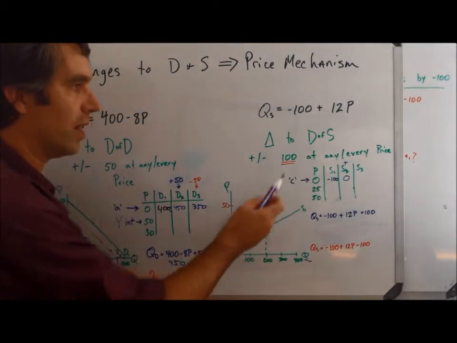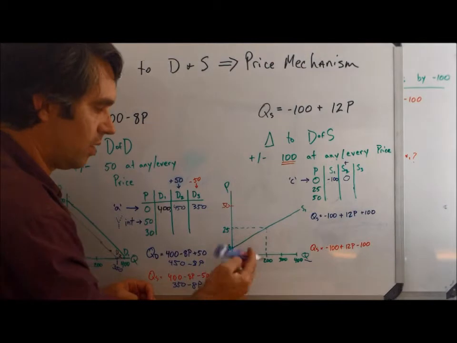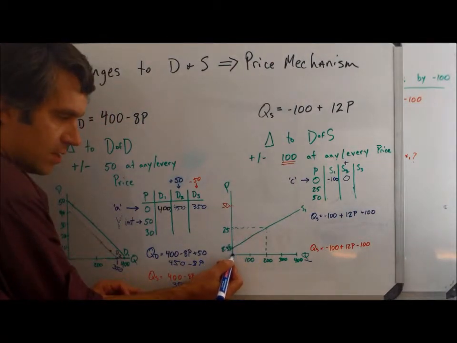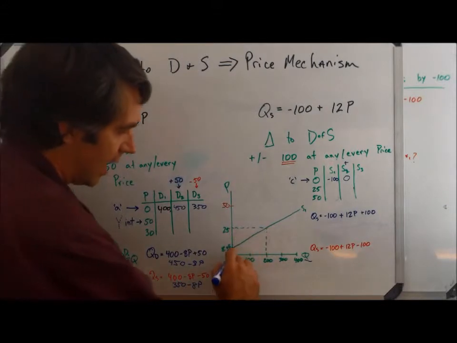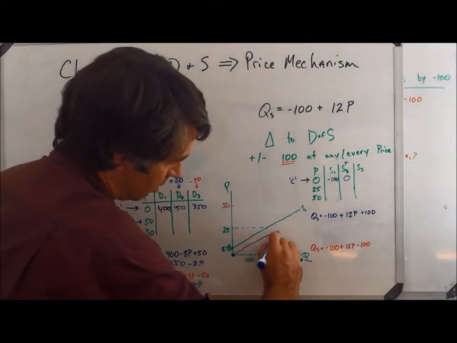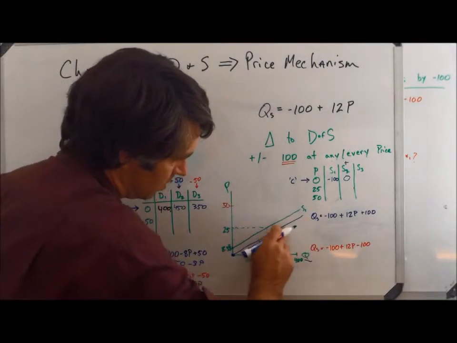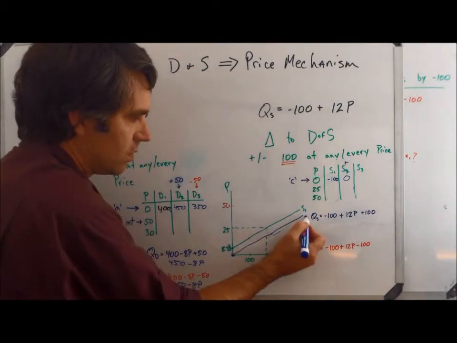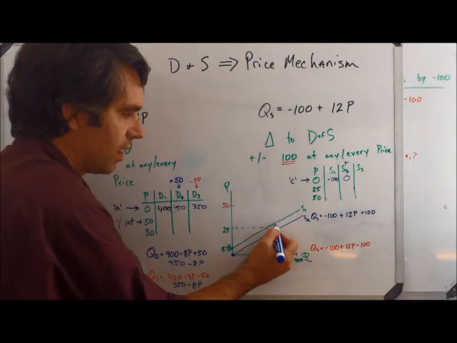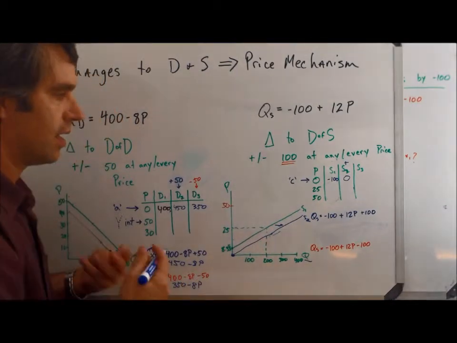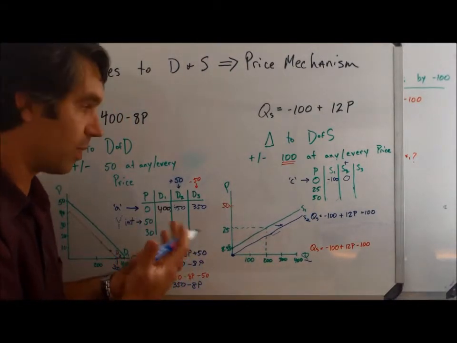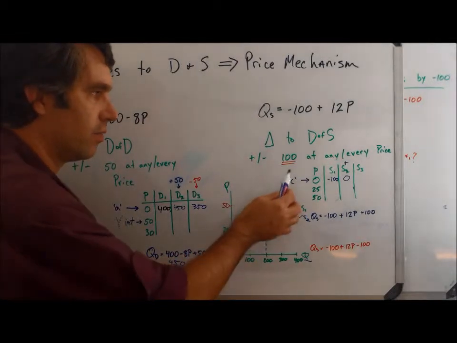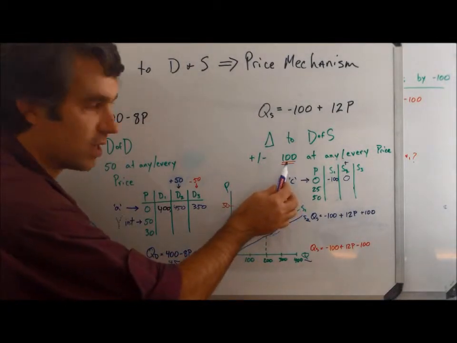Whenever we have a C variable of 0, what that means is it starts right there at the origin. And again, it's going to be a parallel line, so it's just going to go over there, and we're going to show a shift to the right. And that shift to the right would be by an amount of what we defined, which is 100.